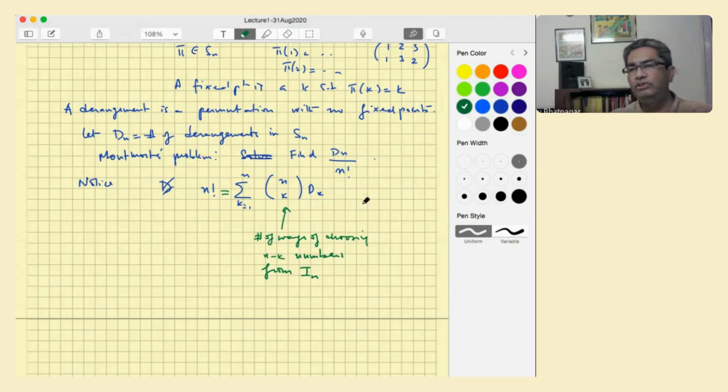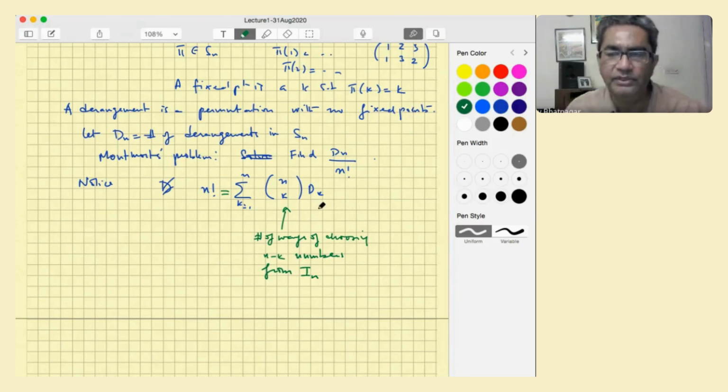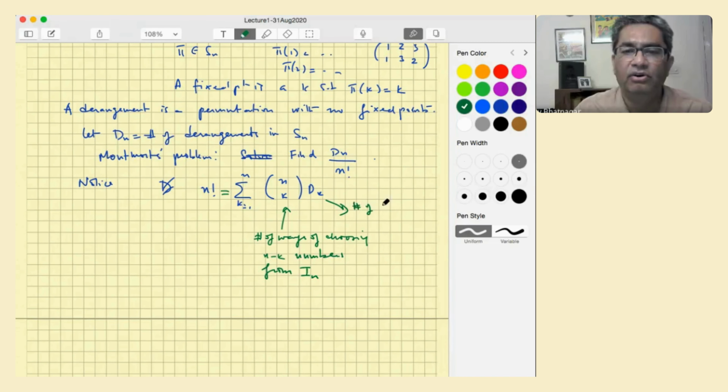So we choose n minus k numbers, and the rest of them we make sure they have no fixed points. So this is the number of derangements on k points, and these are going to be fixed points in the permutation.